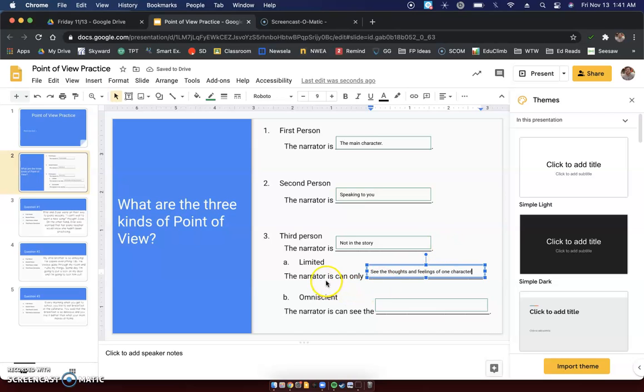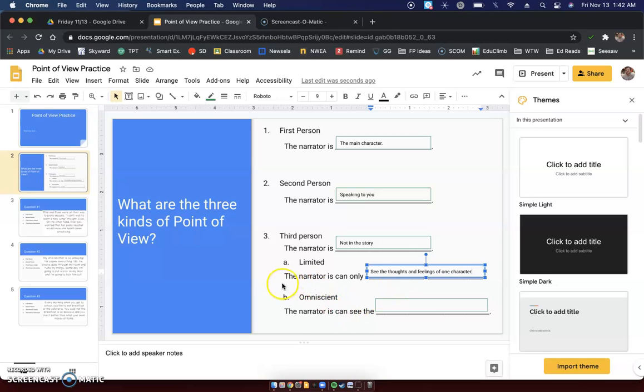I don't know what happened there. I've been really sick this week, so maybe I had my sick brain going on and I forgot to delete that. So, the narrator can only see the thoughts and feelings of one character. That is third person limited. The narrator can only see inside of one person's head, what they're thinking and what they're feeling.